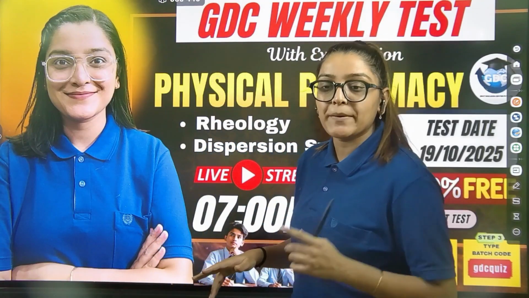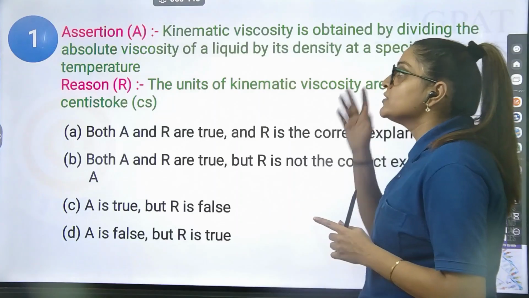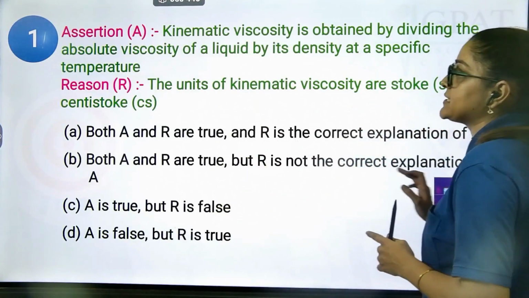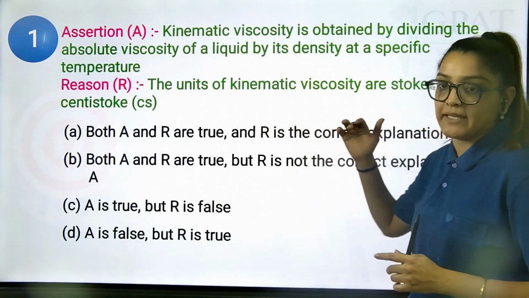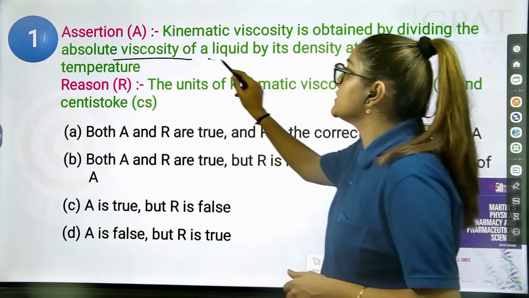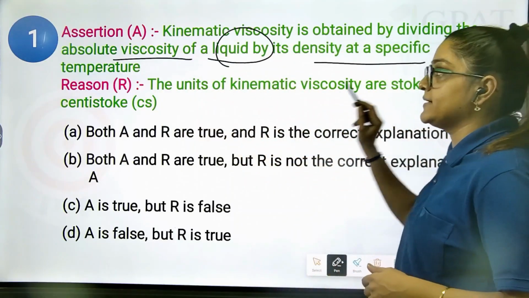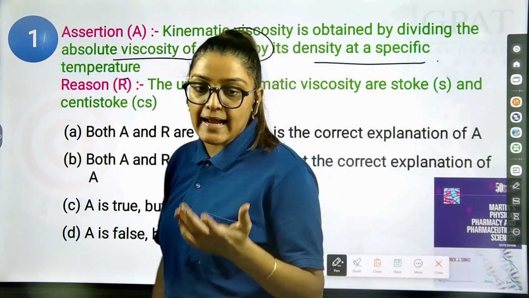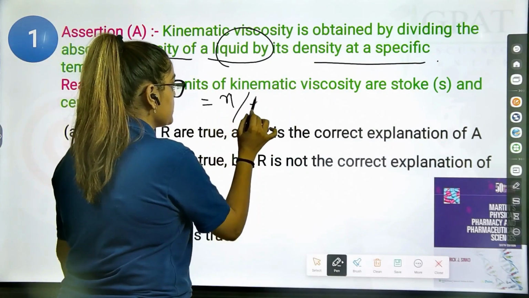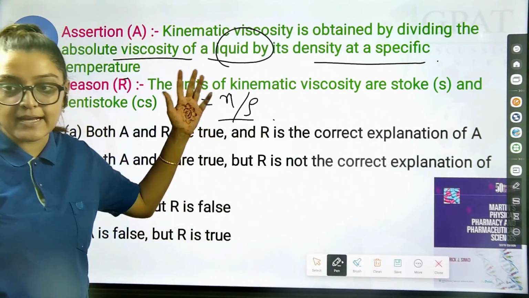Okay. So let's jump into the first question of the day. So the first question of the day is a reason assertion, a simple one, and the question says kinematic viscosity is obtained by dividing the absolute viscosity of a liquid by density, right? So exactly this is the formula whereby you have viscosity upon density. Yes, this is the kinematic viscosity.